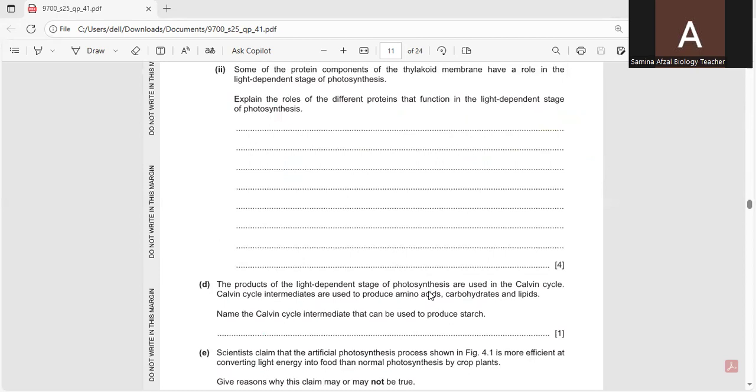As already told, the light-dependent stage is the first stage, also called the light reaction, and during it light is required. The proteins are organized into four main complexes: photosystem 2, cytochrome, photosystem 1, and ATP synthase.